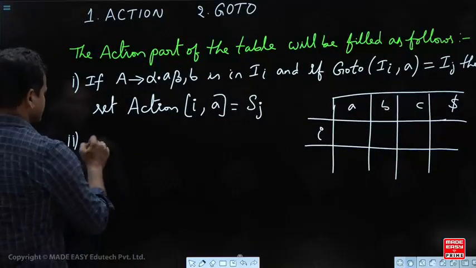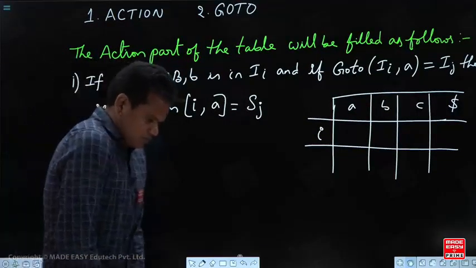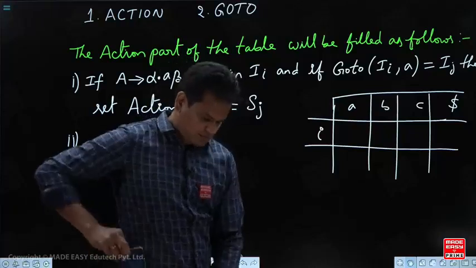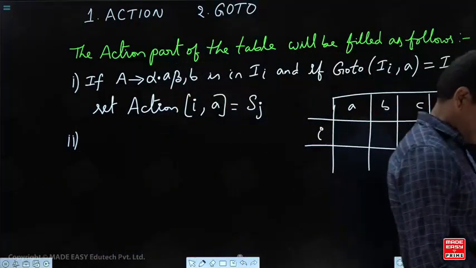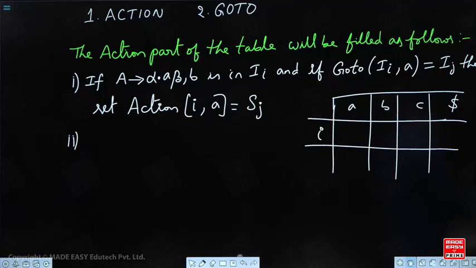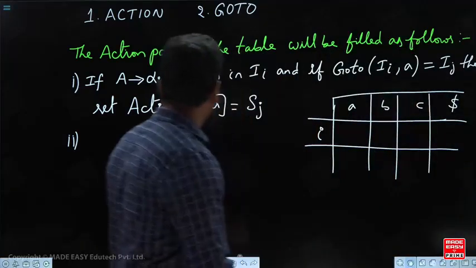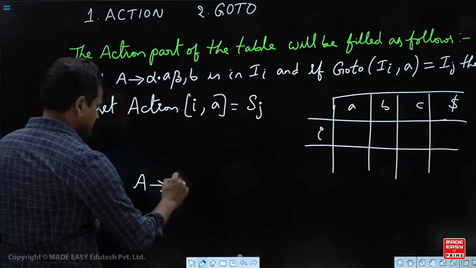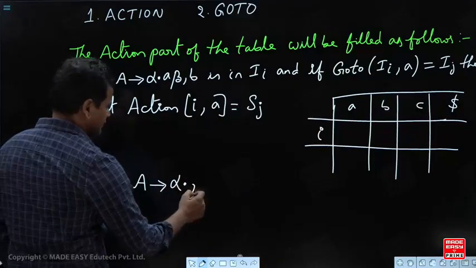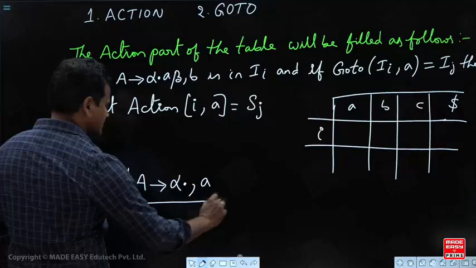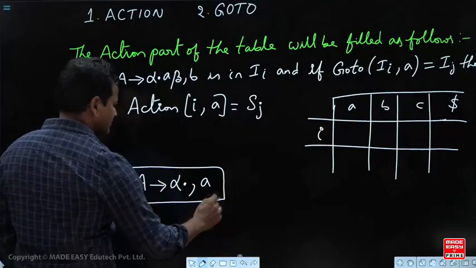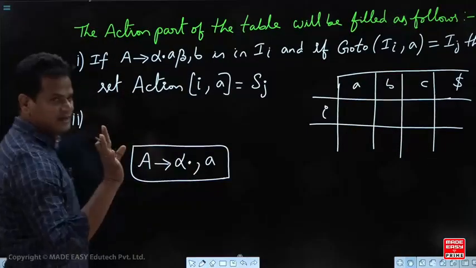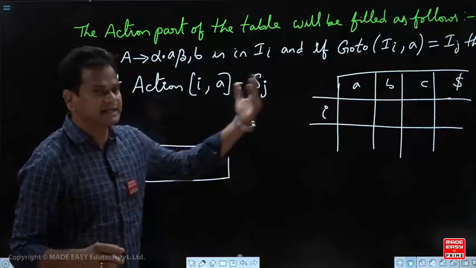So now look at this. Suppose there is a production like this, A derives alpha dot, and in the case of CLR(1), there will be a lookahead. This is the final item. For the final item also we enter in the action part.